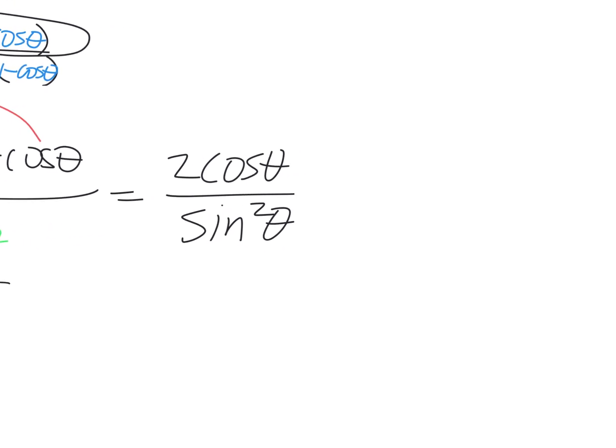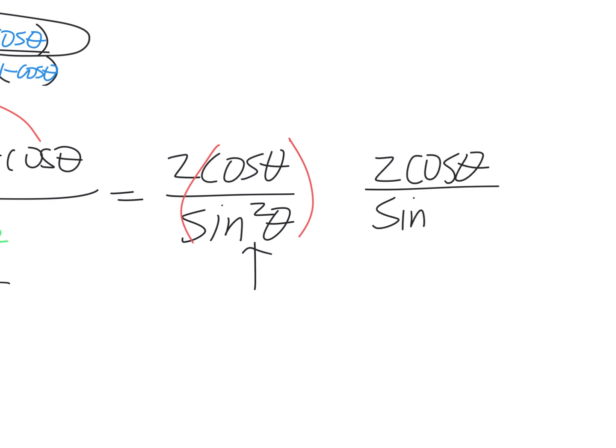Now, some people are going to do this where they go, oh, I see a sine and a cosine right here. And that's okay. We can do that. Where this sine could be thought of as sine theta times sine theta. And this is what it would look like for those kids. If you did it this way, I like it. And you probably said that that was cotangent.